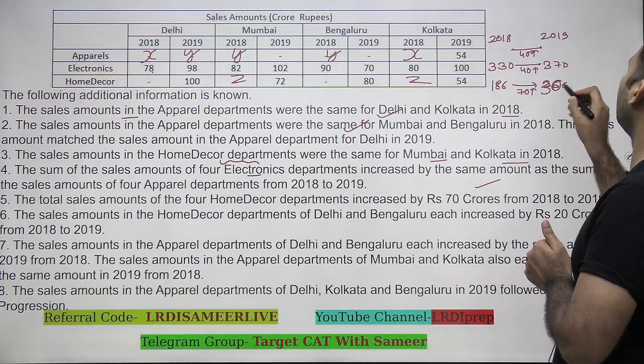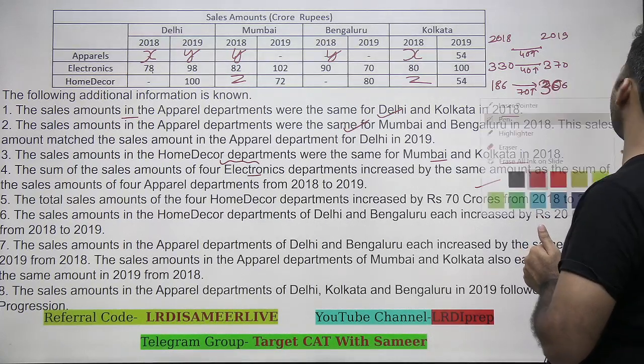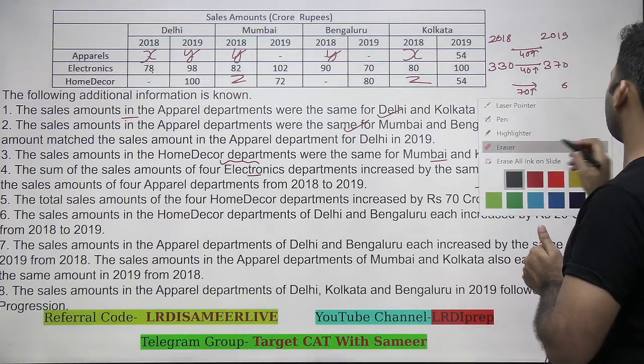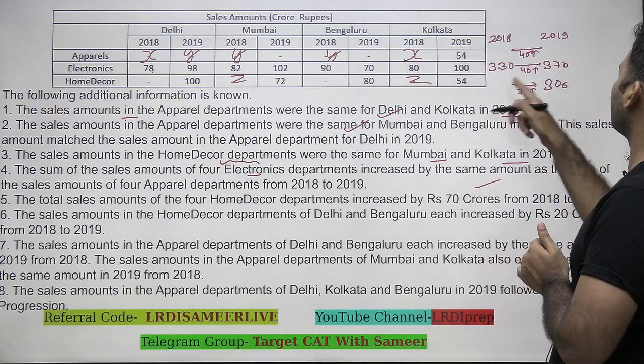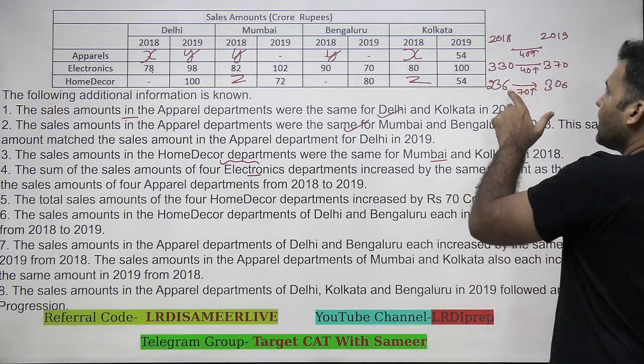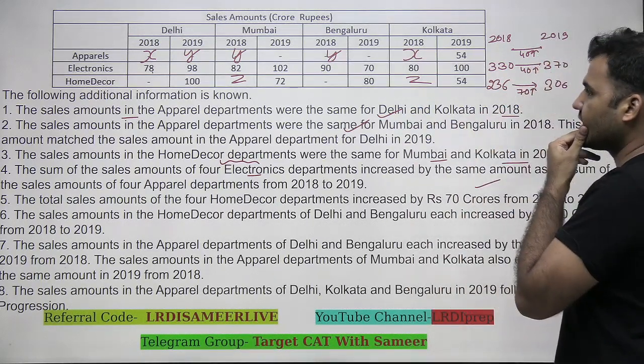This value will be 306, and because the increment is 70, I can say that this value is 306 minus 70, which is 236. That means the total of 2018 sales will be 236 crore.